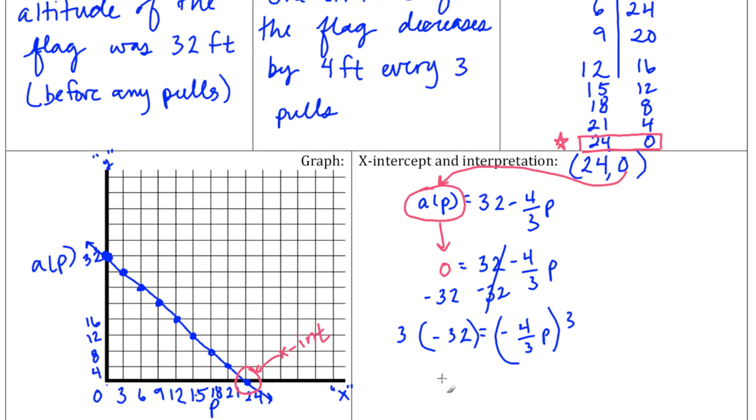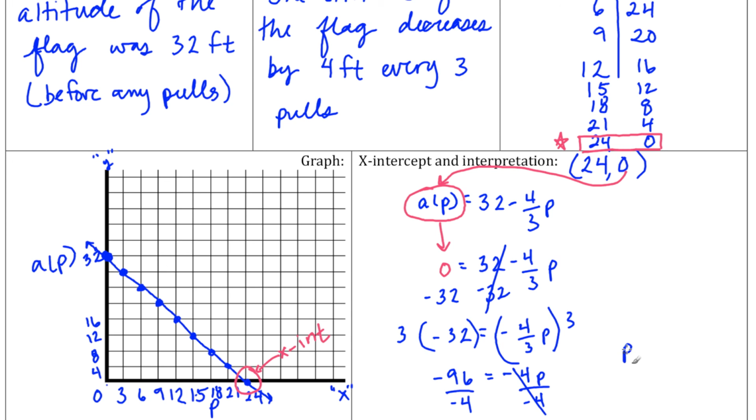So I get negative 96 equals 4 times 3 is 12, 12 divided by 3 is 4. So negative 4p. Then I'm going to divide by negative 4.